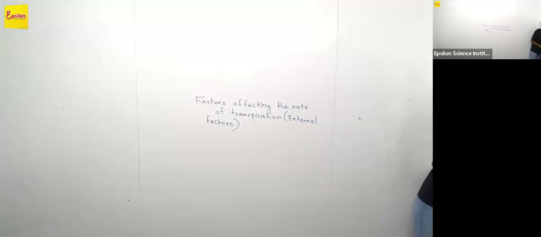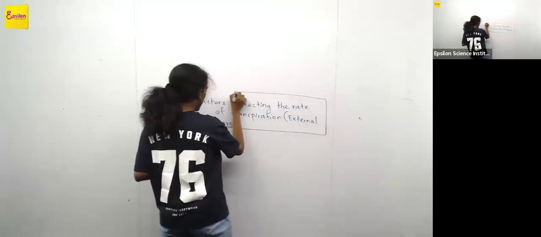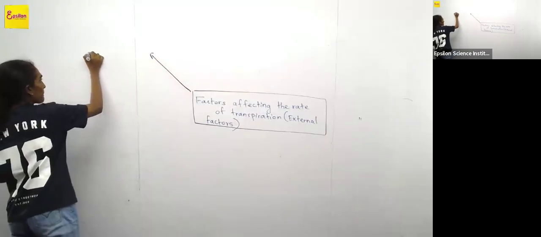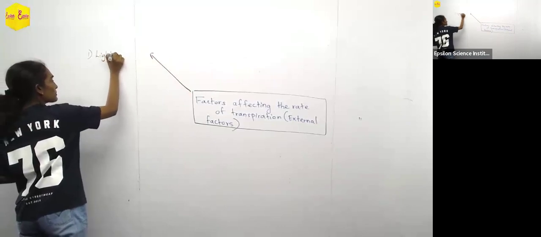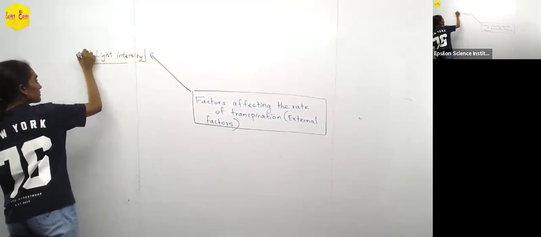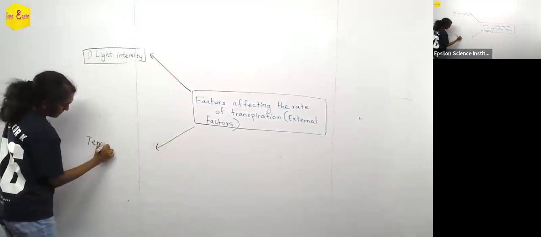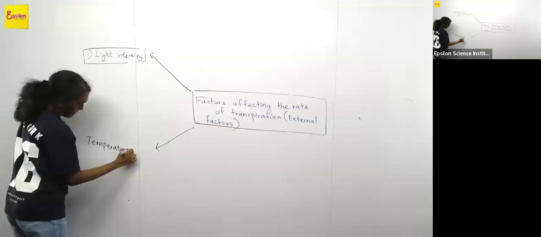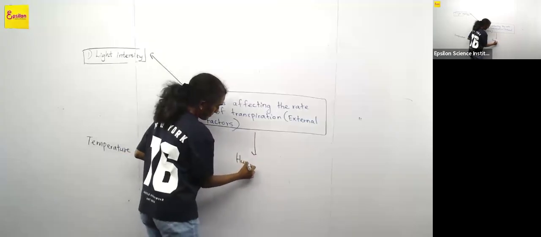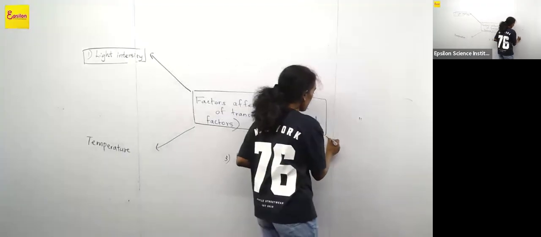Right. So we are going to make a mind map in this. Number 1, light intensity. Number 2, temperature. Number 3, humidity. Number 4, wind speed.